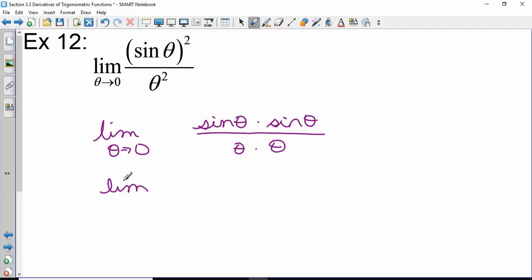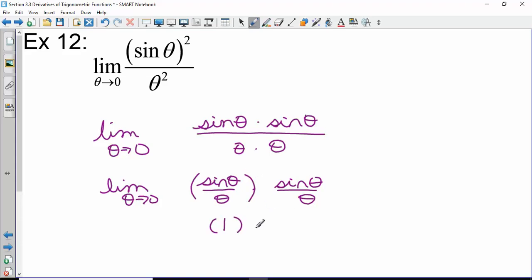So if I pull apart these fractions, that's sine theta over theta times sine theta over theta. Well, what does sine theta over theta turn into? 1 times 1. And so we just get a 1.